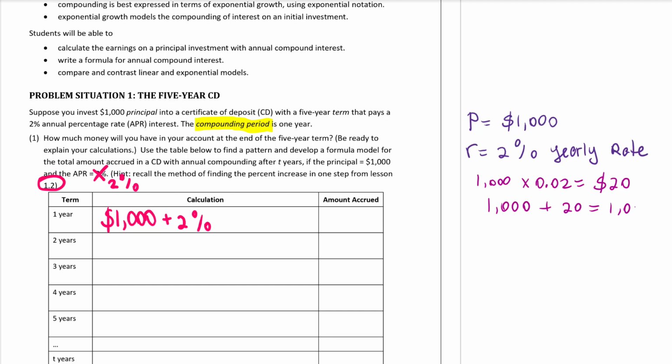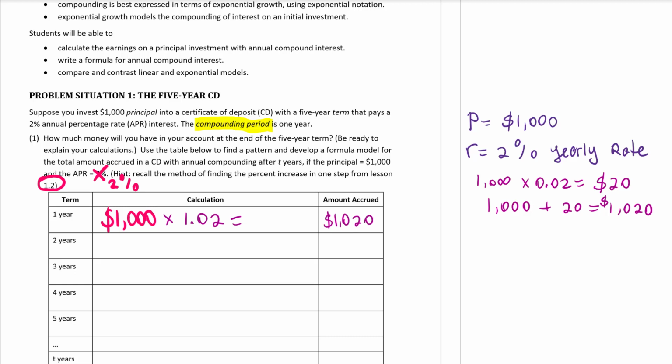But we went through the whole semester of these lessons dealing with percent all the time, so I'm hoping we understand that if we add 2%, you just multiply by 1.02. 100% and 2% give you a factor of 1.02. You get the same answer.